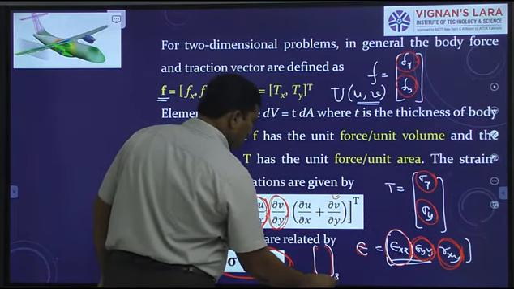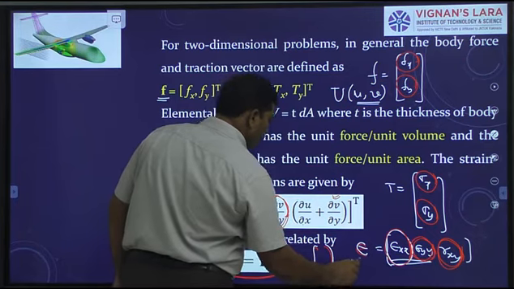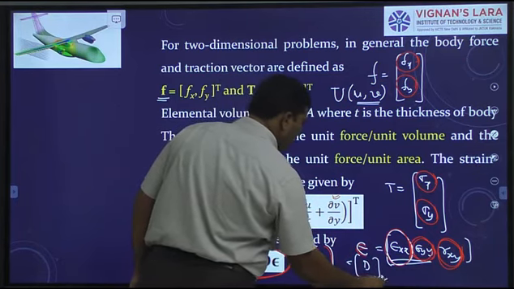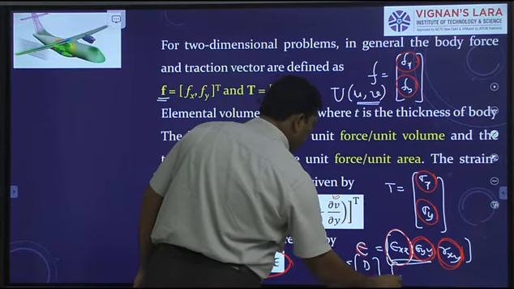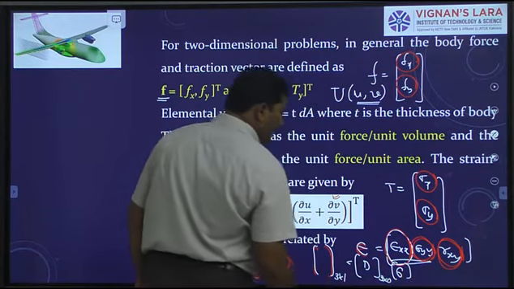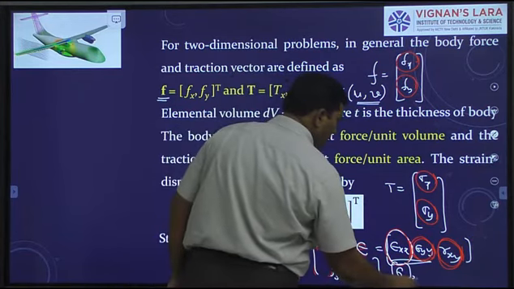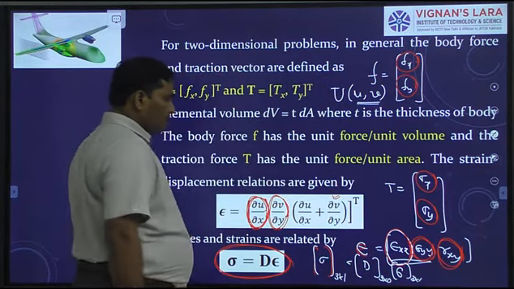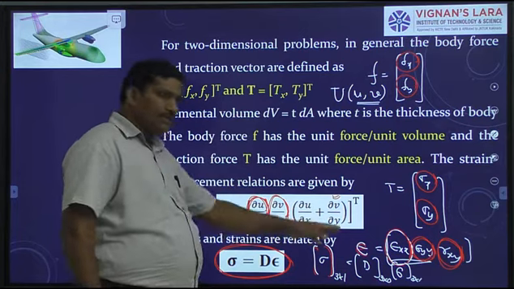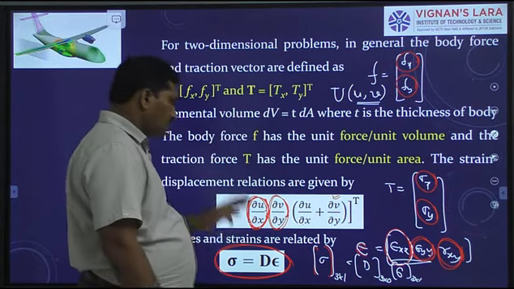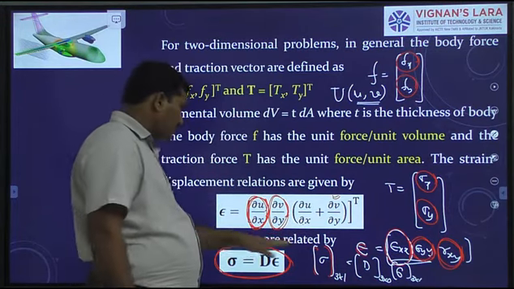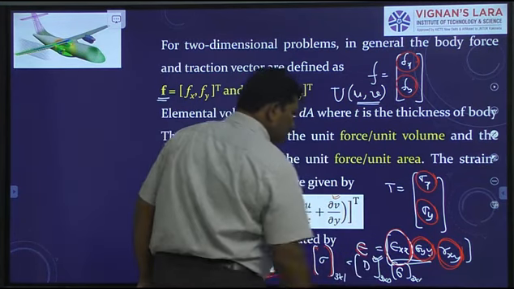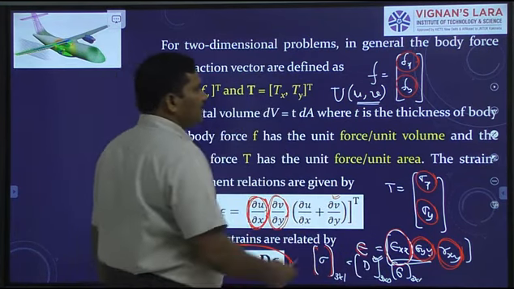How many equations do we get? 3 equations. So all the 3 equations are represented in matrix form like this, where D is the material matrix.